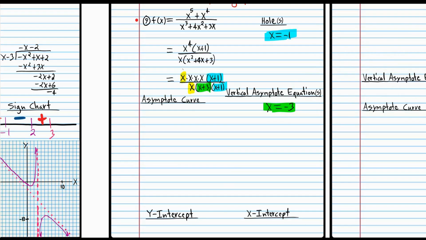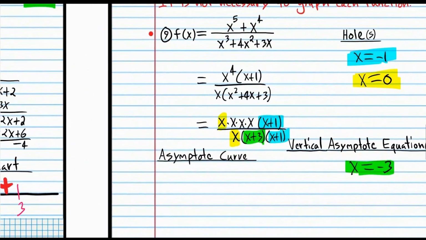The problem is those x's there, they cancel out. So if there's a hole where the intercept should be, then that means the intercept doesn't exist. And the same thing is true for the x-intercept. If you plug in 0 to x, you get 0 for y. But again, we know that there's a hole there. And I forgot to write that. x equals 0.